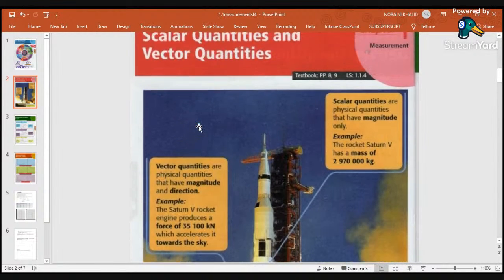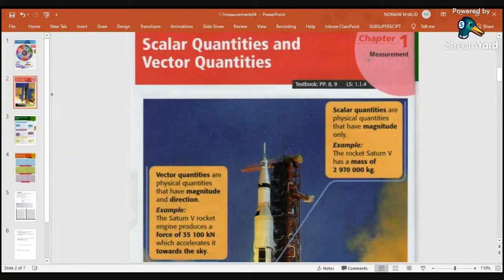Next part, we discuss about scalar and vector. The difference between scalar quantity and vector quantity. Scalar quantity, physical quantity that have magnitude only. Example, mass. Okay, time taken.